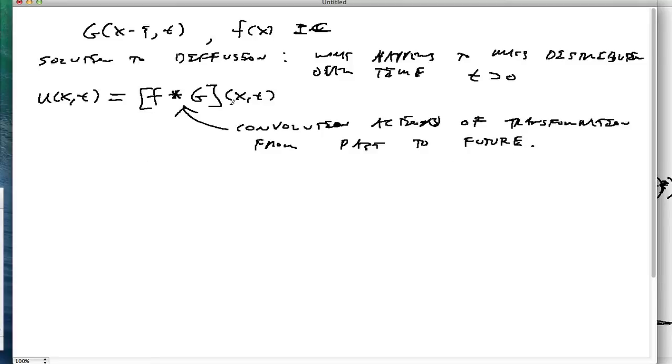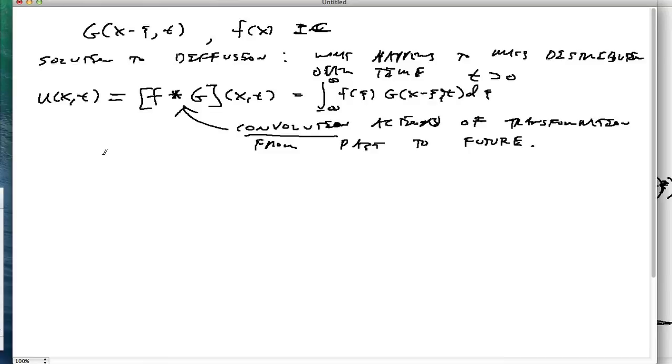All right, so as the initial mass distribution evolves, this function g is what drives that evolution. It's through this action of convolution, this integral, which we can write down as an integral. Okay, so what's going on here then?